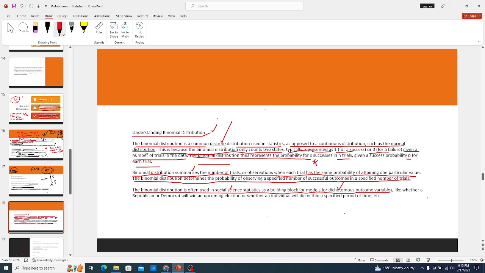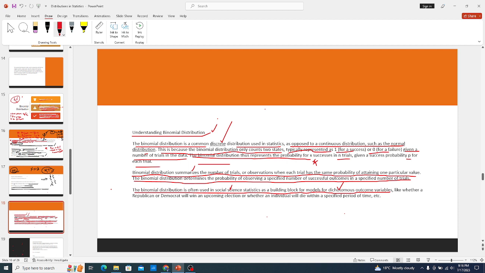For example, when we are having the American election, we usually hear that it's either Republicans or Democrats who will win the upcoming election.